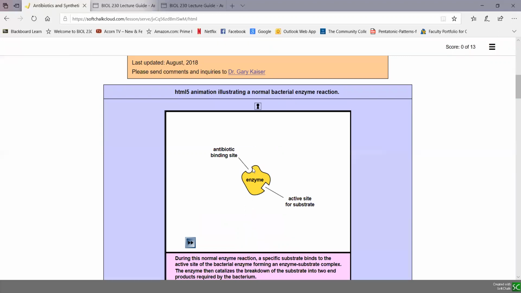But it also has another shape on another part of the molecule called the antibiotic binding site. And that has a shape that the antibiotic happens to fit. So as long as there's no antibiotic bound to the antibiotic binding site, the enzyme's active site is fully functional, and the enzyme carries out its normal reaction and does whatever it's supposed to do.